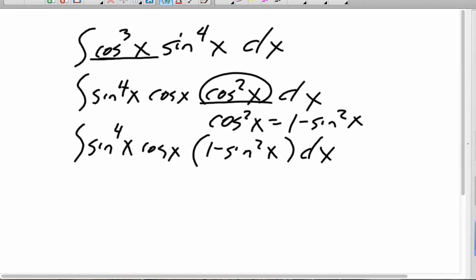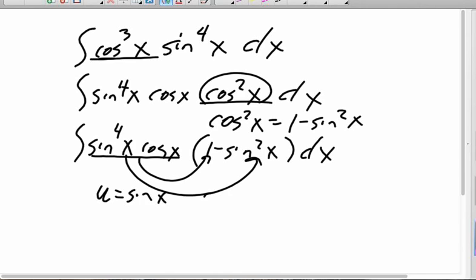I'm not going to work the rest of this out, but again, you distribute this in, and you're going to end up with a nice little u sub problem. All right. The only difference here is now u is sine, du is cosine. So we're not going to change the signs.